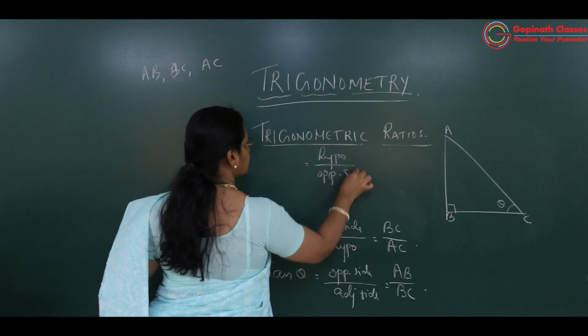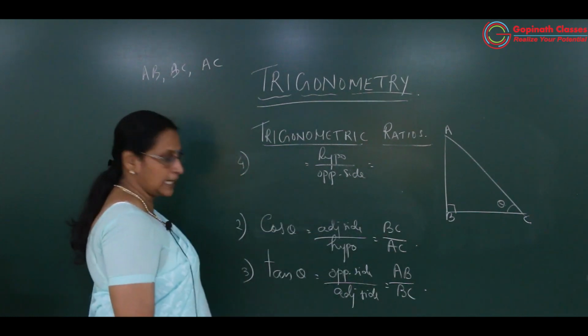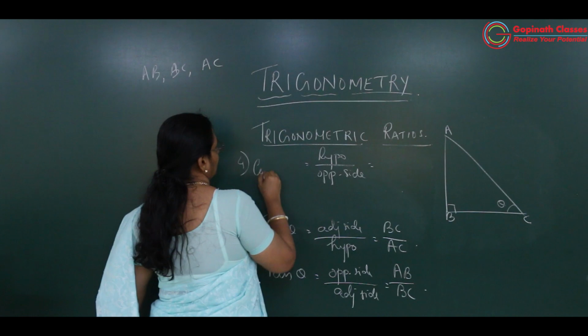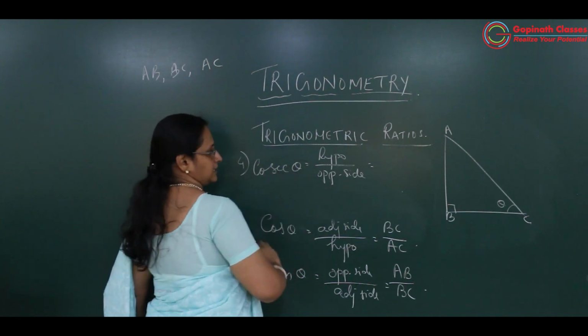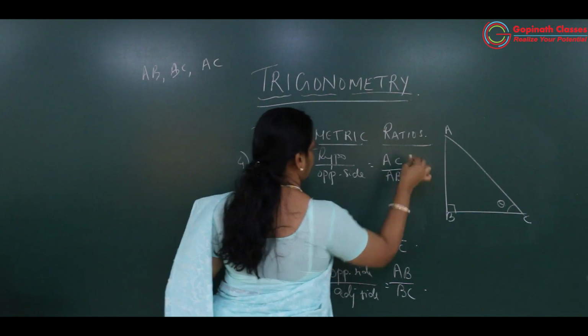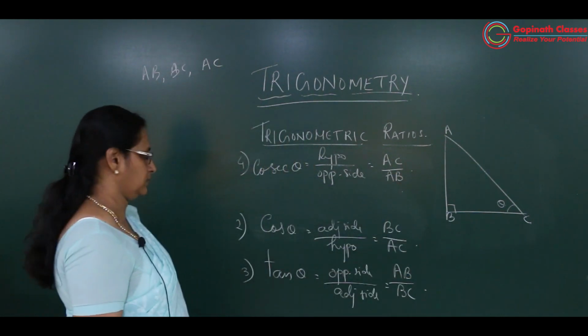That means it is the reciprocal ratio of sin theta, which is nothing but cosecant theta or cosec theta. And here it comes AC upon AB. This is the fourth one.